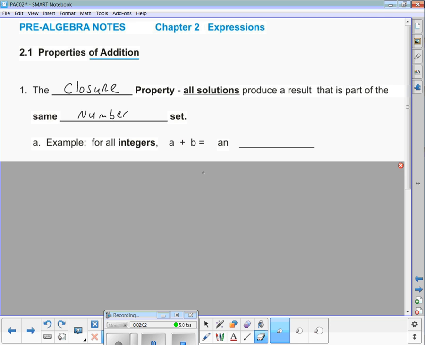So here's an example. A plus B. Don't let the A plus B scare you. It's just simply adding two integers. So integers is the number set that we're talking about, right? Two integers, for all integers. When you add two of them together, do you always get an integer?